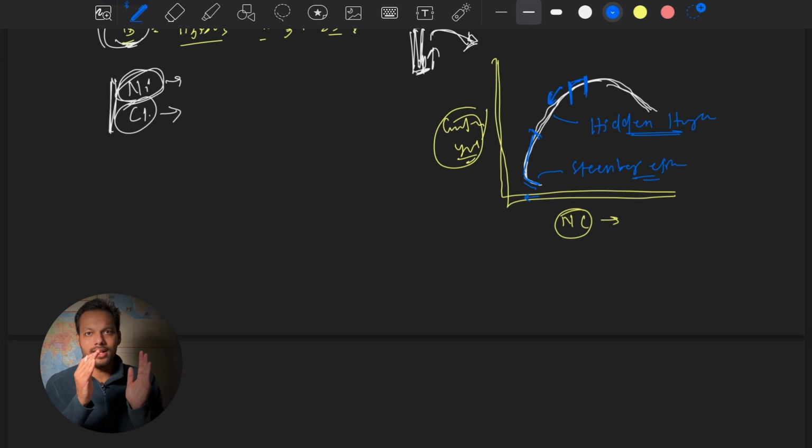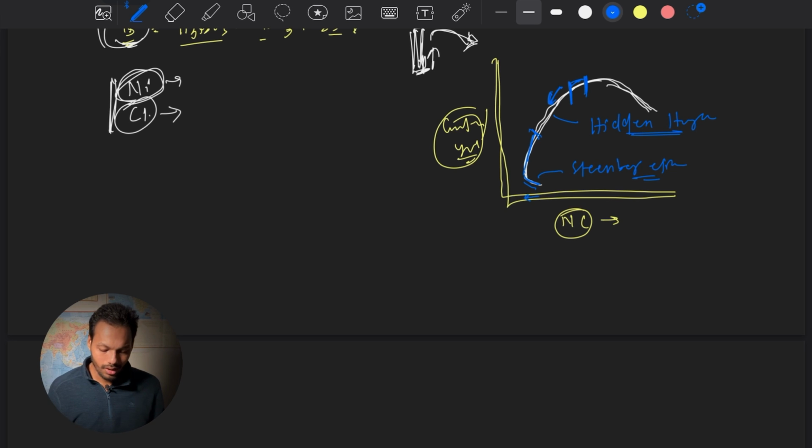Hidden hunger is that stage when the nutrient is deficient in the plant system, but it is not able to show the deficiency symptom. After more deficiency it will show the symptom, but as yet the plant is not showing any deficiency symptom, though the nutrient is deficient in the plant. That is called hidden hunger.